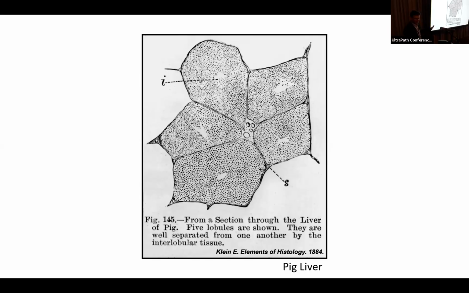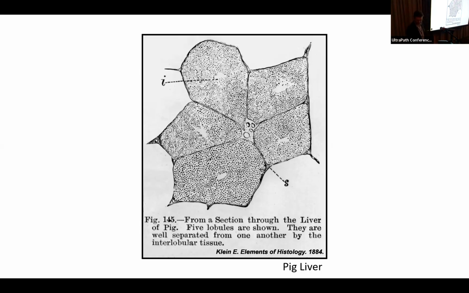I feel like we do a lot of good, especially at a children's hospital. So prior to discussing the different disease conditions, I think it will serve us well to review the normal anatomy of liver. As you can see here, this is from 1884. The initial studies on liver were done on other species like pigs here, raccoons and bears and things like that.